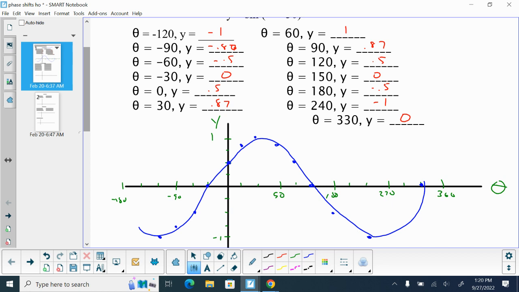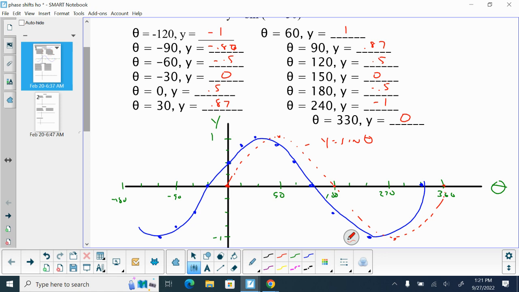Here's our graph. Now what I'm going to put in on just my red is what we have done already for the sine of theta. Our basic graph of y equals sine theta is the red dashed line that we have in here.